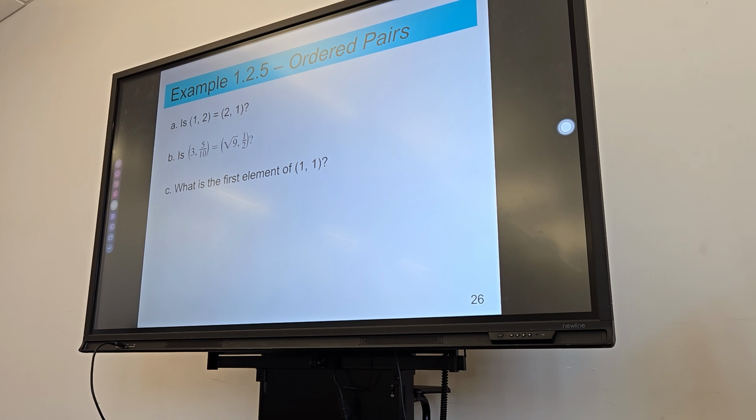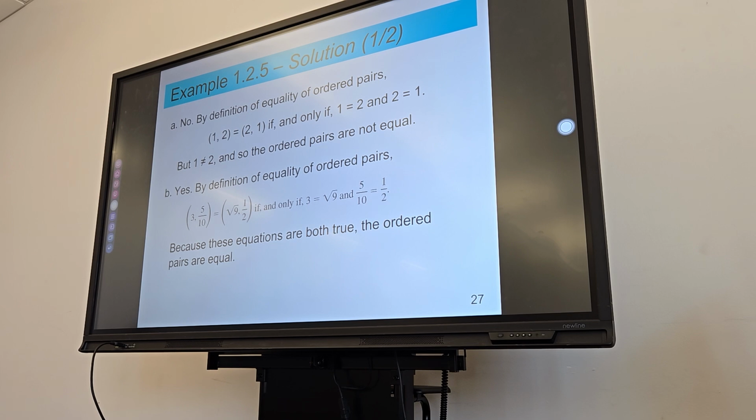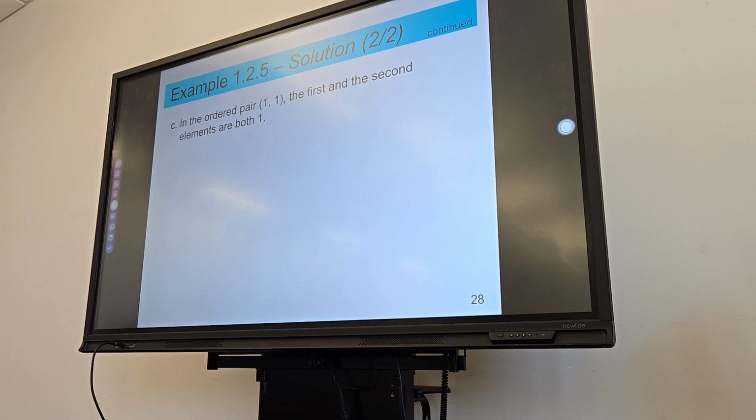What is the first element of (1, 1)? Kind of a gimme. It's just 1, and the second element is also 1. By definition of equality of ordered pairs, 3 equals square root of 9, and 5/10 equals 1/2. And the first and second elements are both 1.